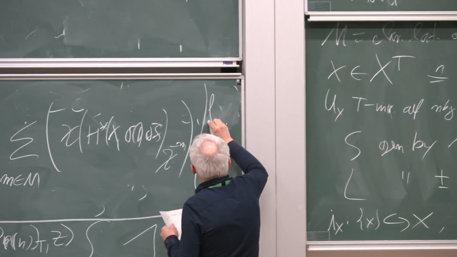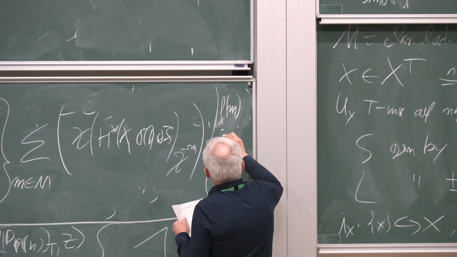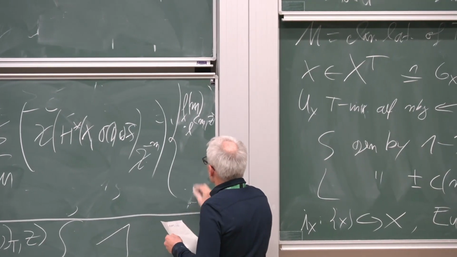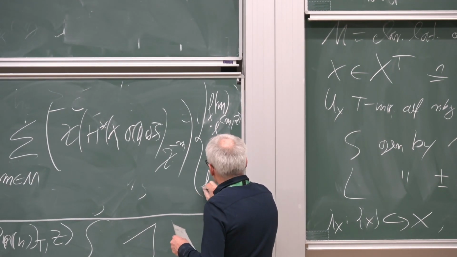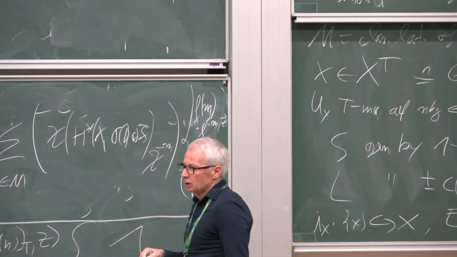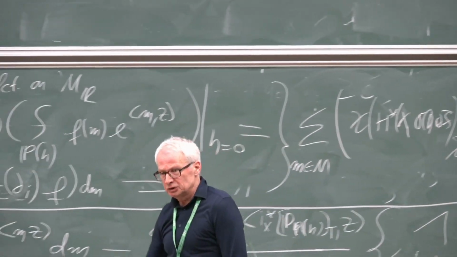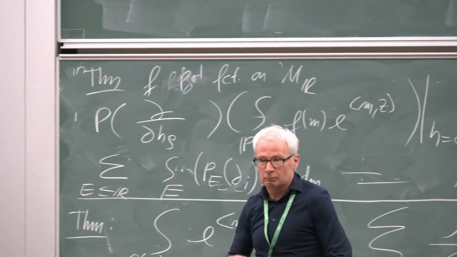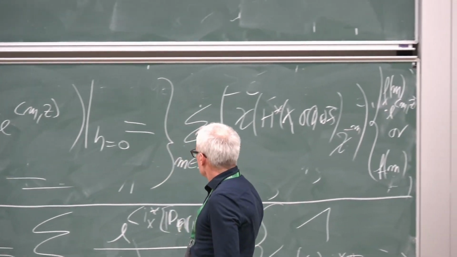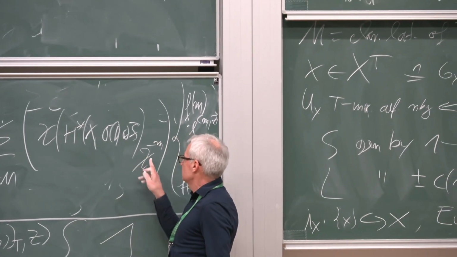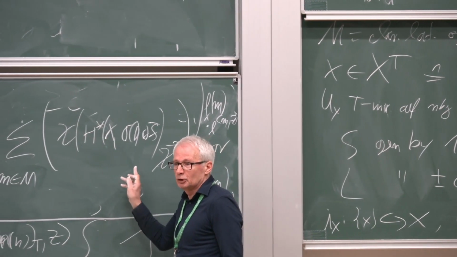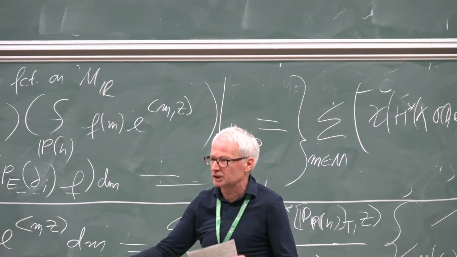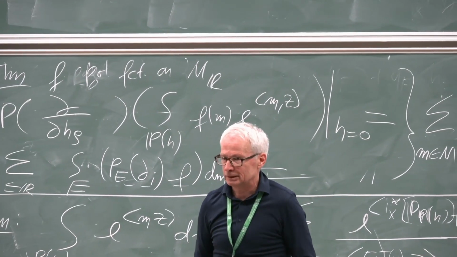Here we can allow f of m times e^{mz}. Here we can do this with an exponential, or in the other version we only can do this for polynomials. So you get the sum of these functions evaluated on the lattice points, either polynomials or multiplied with exponentials, and the prefactor you plug in are these coming from the equivariant Hirzebruch-Riemann-Roch. And if you use natural coefficients, you get expressions of functions over lattice points in polytopes. Here I should stop.